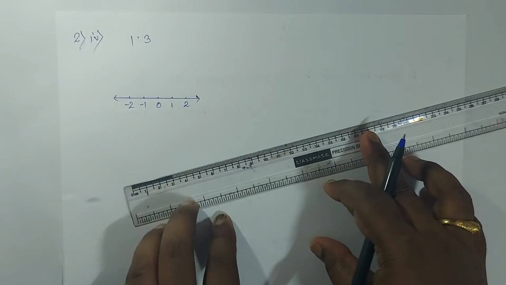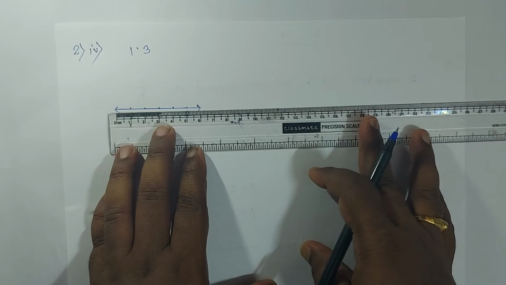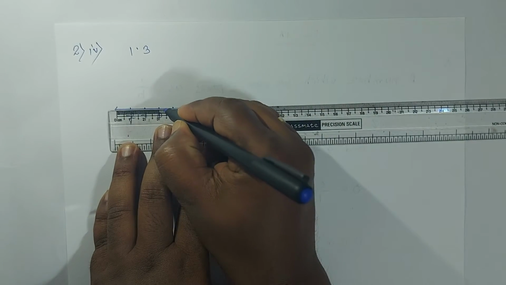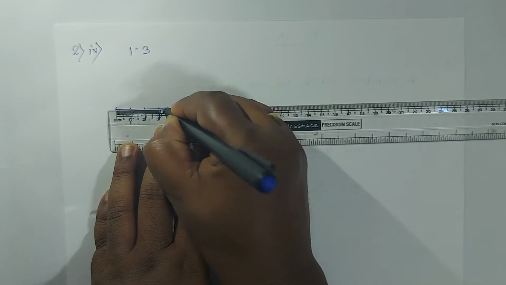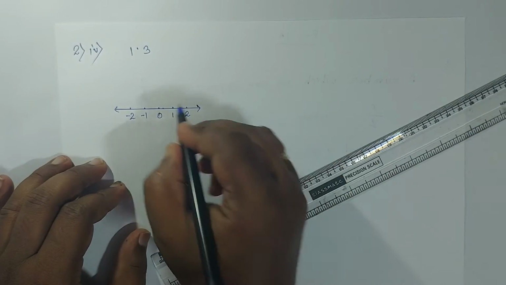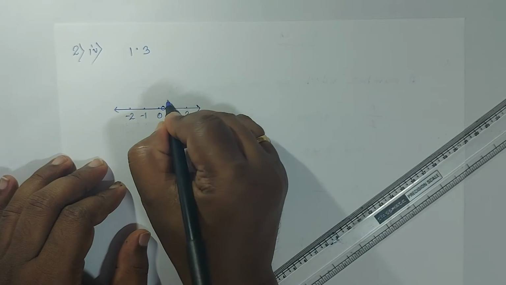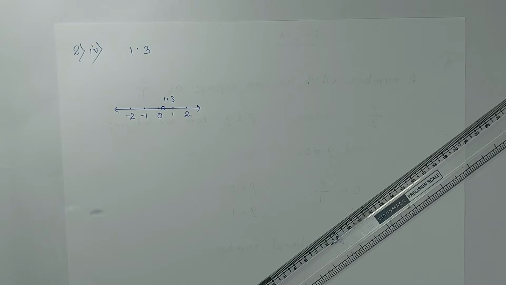Now 1.3: 1, 2, 3. So this point is 1.3. Understood?